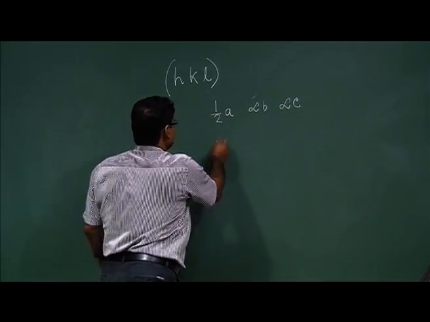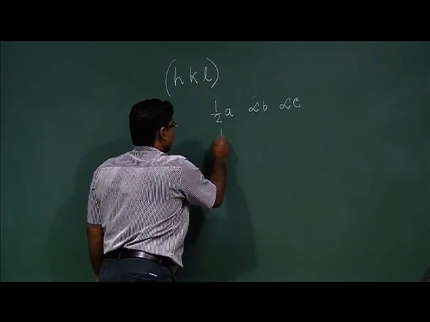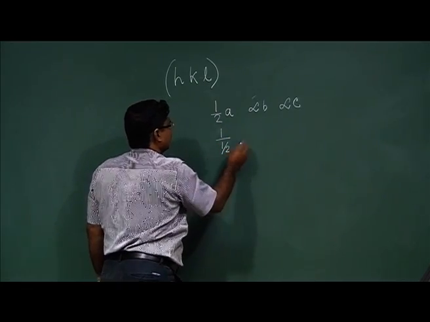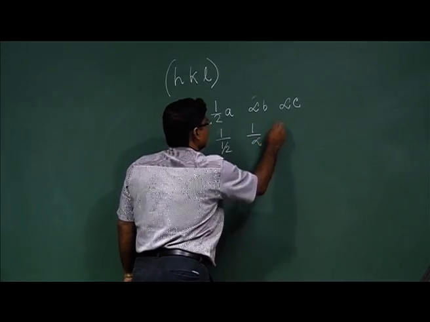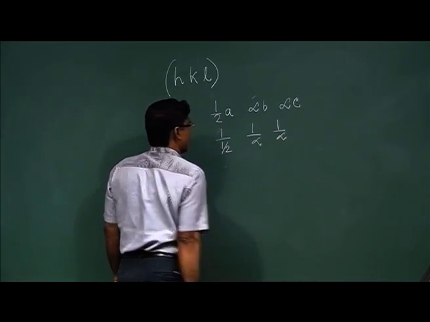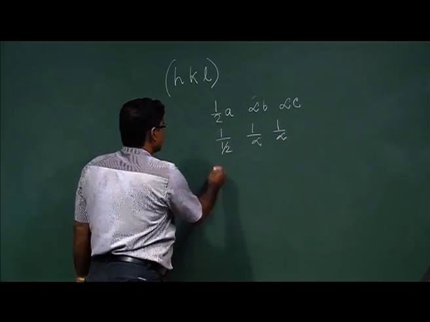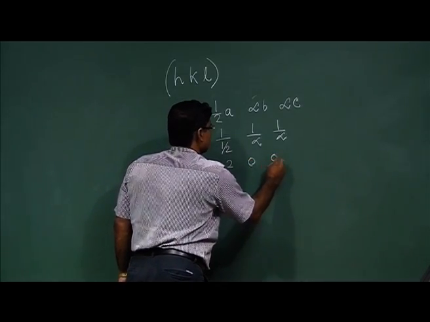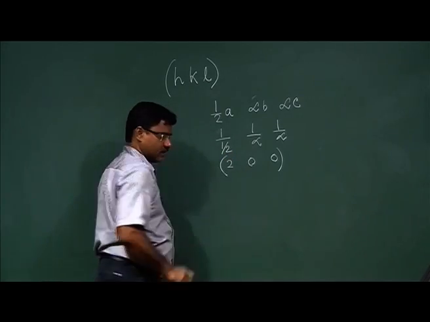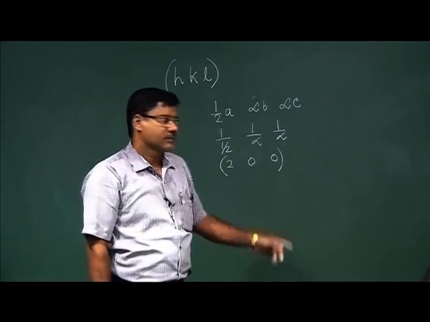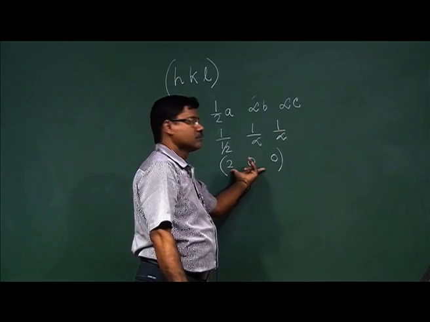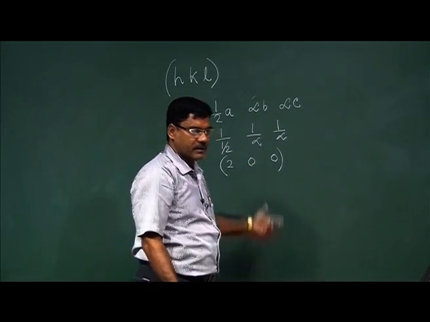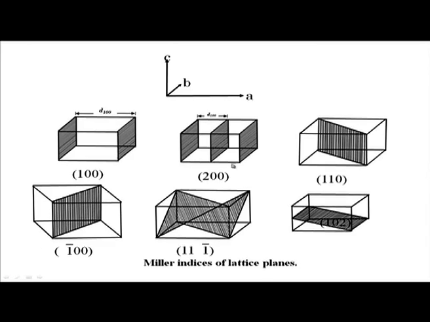So, we have to take the reciprocal: 1 by half, 1 by infinity, 1 by infinity. That is basically 2, 0, 0. Okay. That is why we have shown the (2 0 0) plane here.